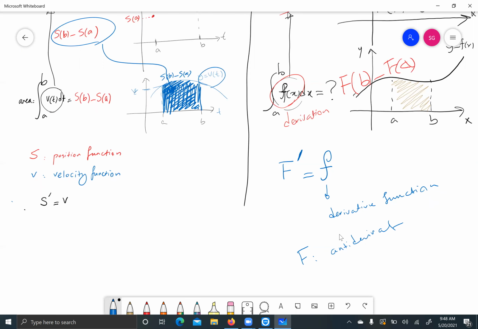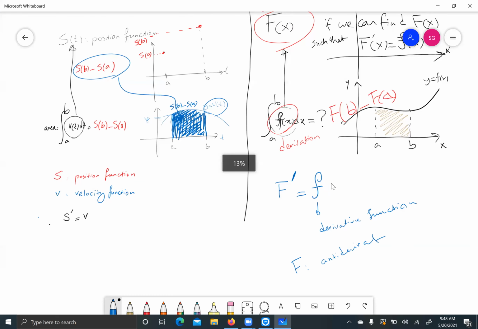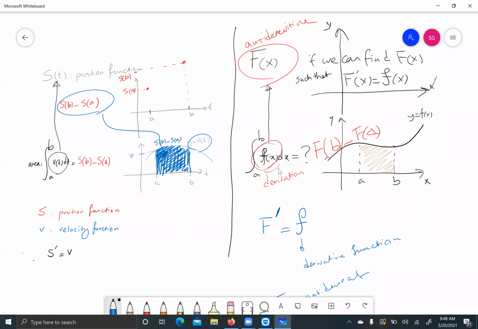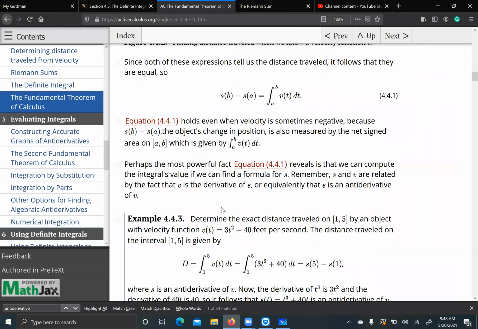So the point is that if we can find the antiderivative function, then we can easily use it to evaluate an integral.